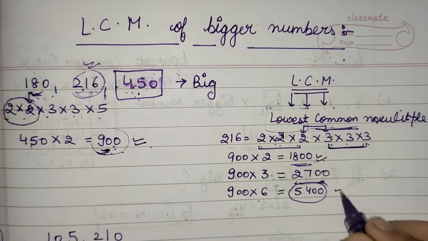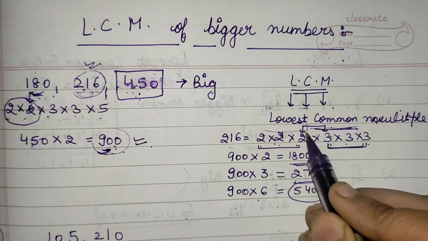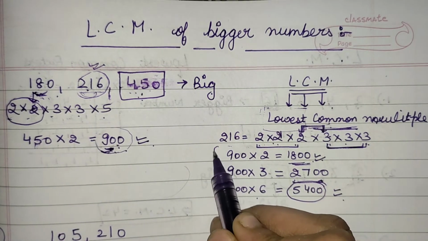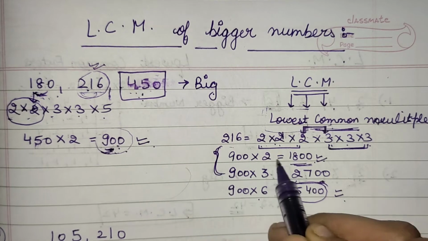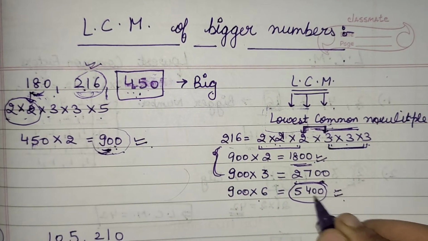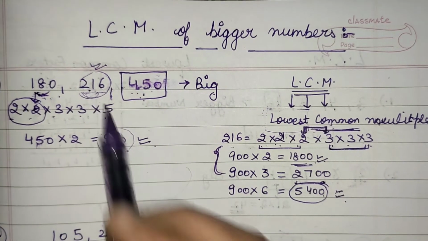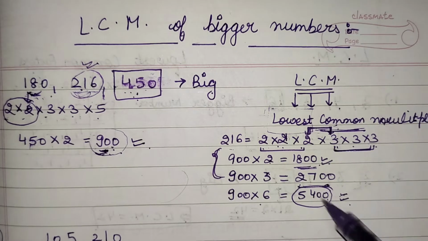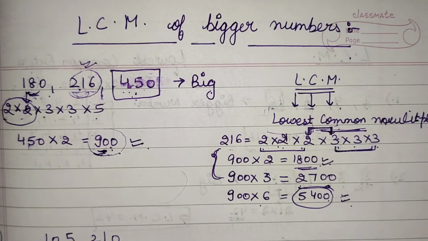Okay, so these are very rare cases in which you have to multiply with a multiple of the factors. Otherwise you will get your answer by multiplying with the simple factors only, right? So now check whether 5400 is divisible by 216 or not. Yes, it is divisible by 216.